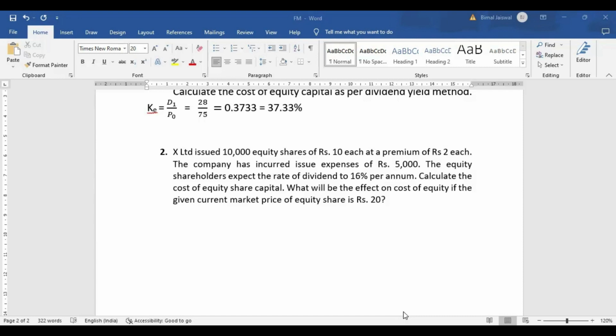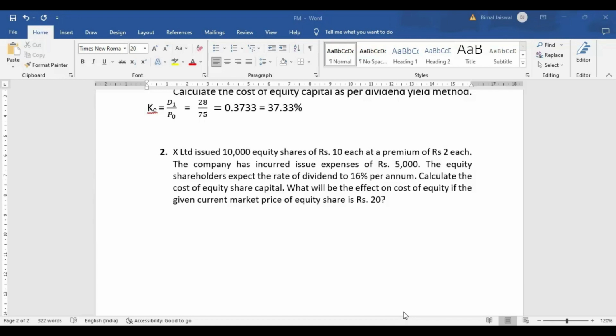That means we have to make an attempt to calculate cost of equity in two respects. One, considering the net proceeds, because the information has been given with that respect, and another, the cost of equity with respect to the current market price. Two situations have been given.